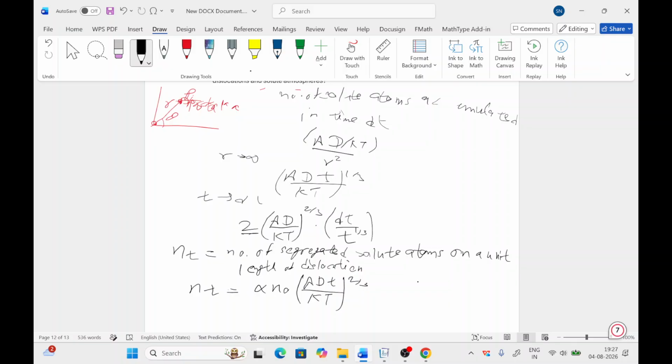So alpha is generally a constant and it is 3, and N naught is the initial number of solute atoms per volume.